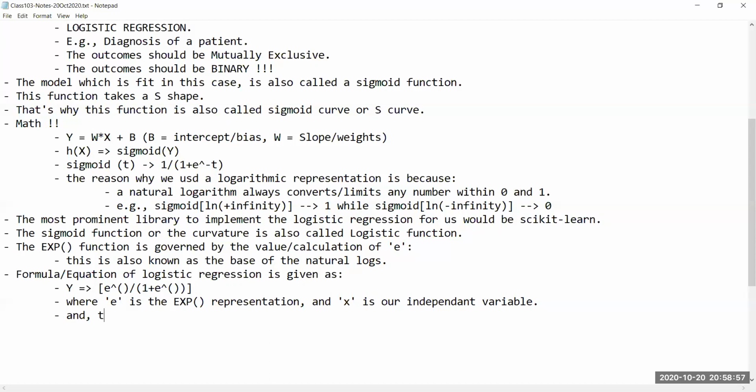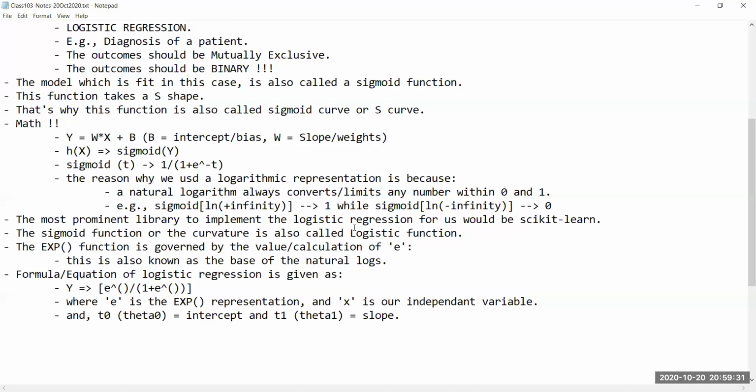So I'm going to represent them as t0 and t1. t0, aka theta 0, is my intercept or the bias, and t1 is just another name I'm giving to theta 1. Theta 1 is my slope, or my weights, right?